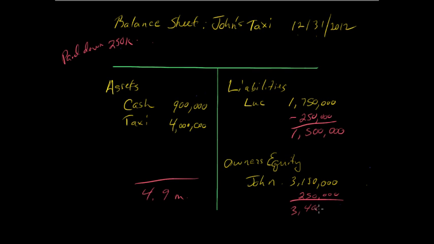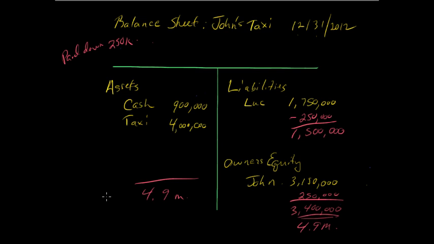And so now over here, this is 3,400,000 at the end of December. And so when we do our math and add up this side as well, we come up to 4.9 million on this side as well. And so the balance sheet is in balance.